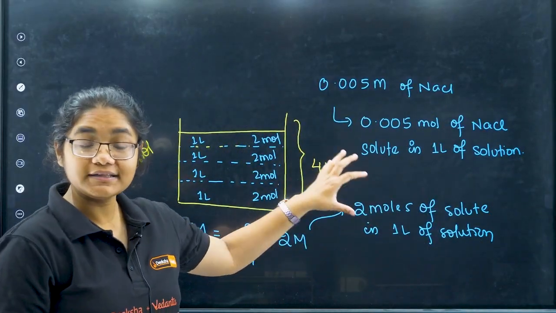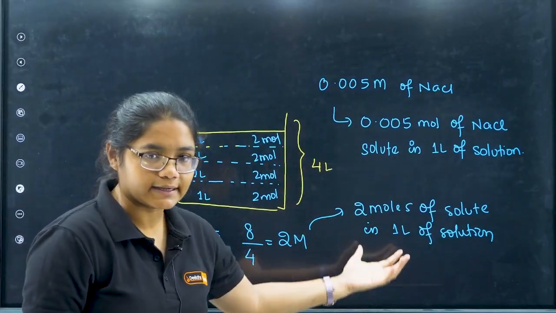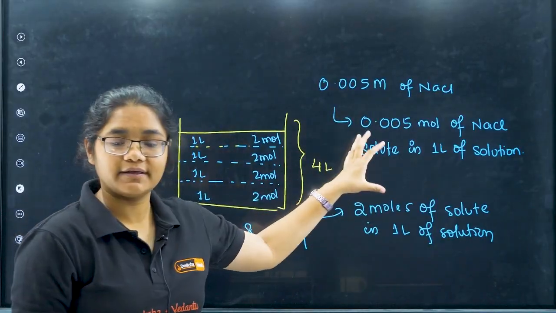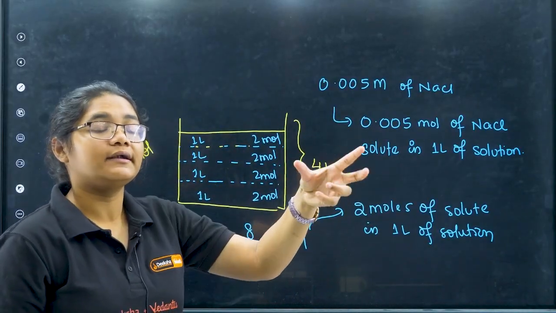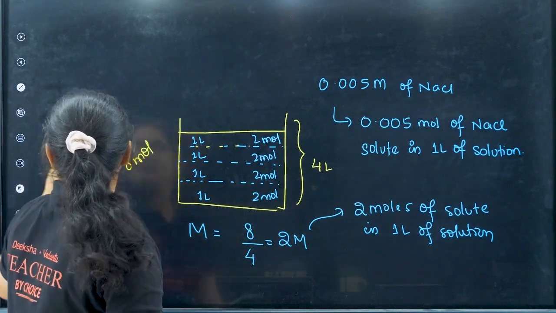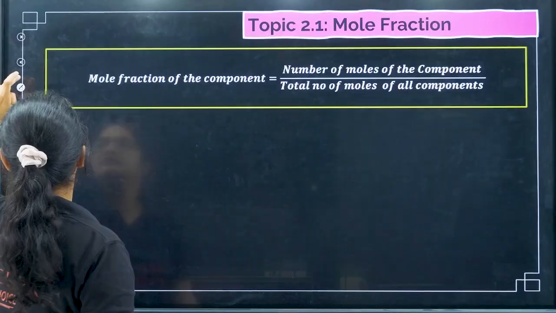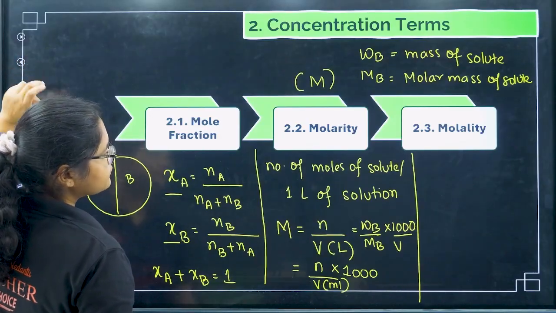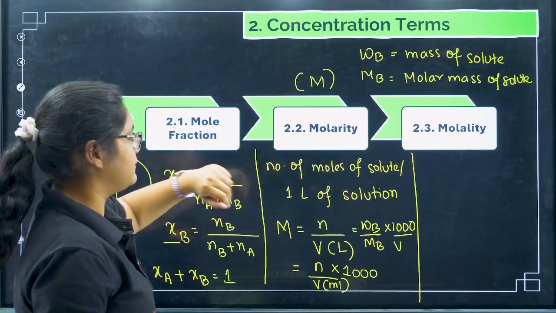This is the meaning of molarity. This meaning is very, very important. You should be able to derive this information from the question given. Now let's move forward to the next thing, that is molality. I'll be discussing that.